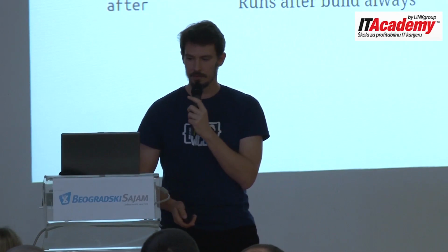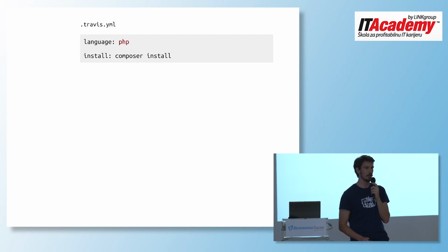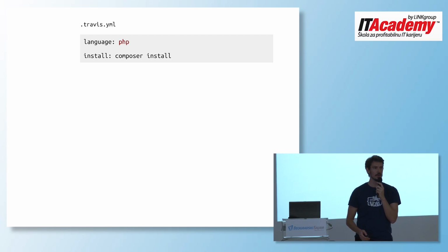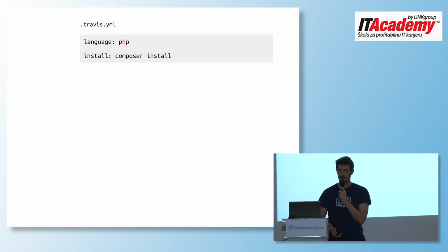As a couple of examples, install is usually 90% of the time used to install your dependencies via Composer. So you just have a Composer install in your install option. This will run before you build, before the script. It will install your dependencies.